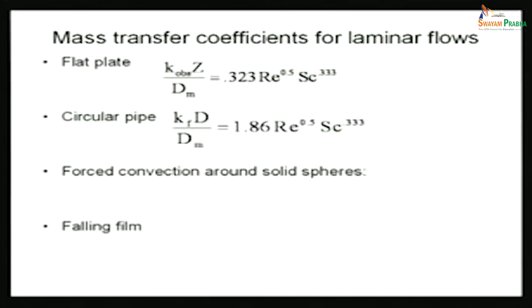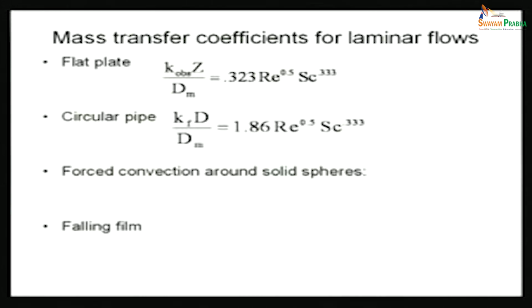The coefficient in the last one is like 0.3, and here it's 1.8, so it's like 6 times. So one important similarity is that K observed Z over Dm or K observed d over Dm, whatever it is, the Sherwood number actually, goes as Reynolds to the half and Schmidt to the 1/3.